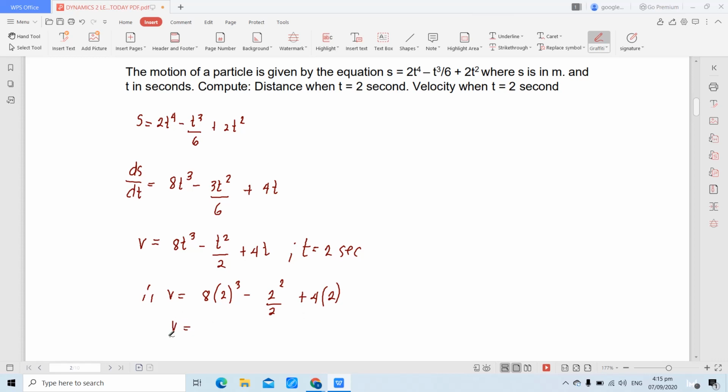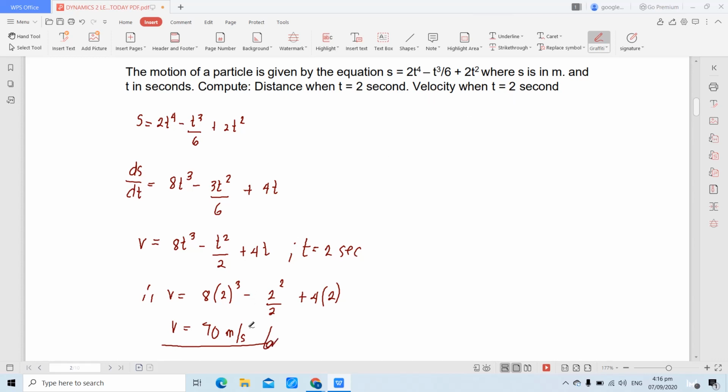Please compute, what is the value of velocity? That is 2 cubed is 8, 8 times 8 is 64, plus 8, 72. This one is negative 2, so that will become 70. And since S is in meters and t is in seconds, velocity should be in meters per second. And that is our first requirement.